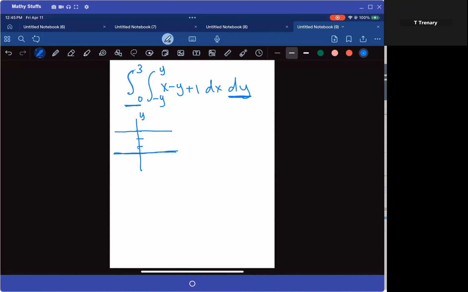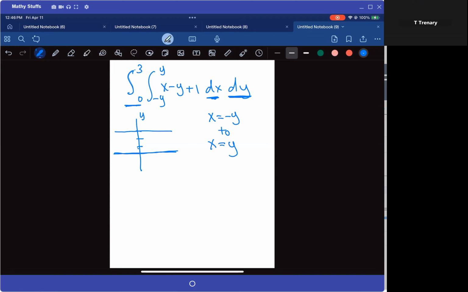And then meanwhile, for each of those slices, the x range, so you fix a y with the outside integral. The inside integral, we've got x running from negative y to x goes to positive y.